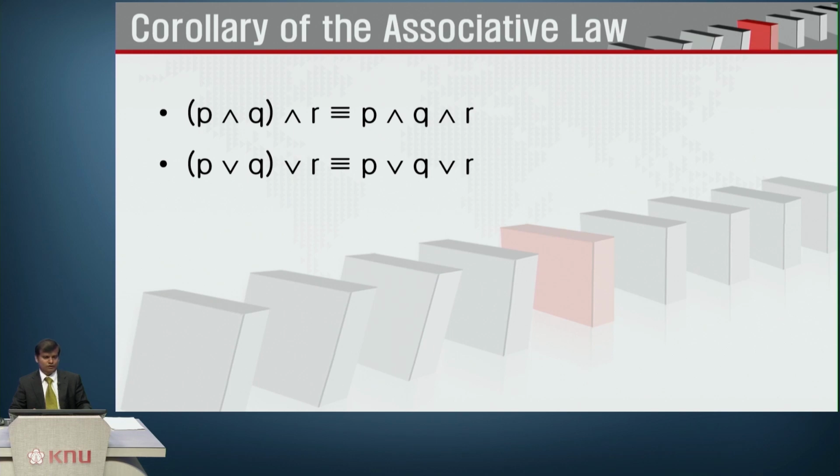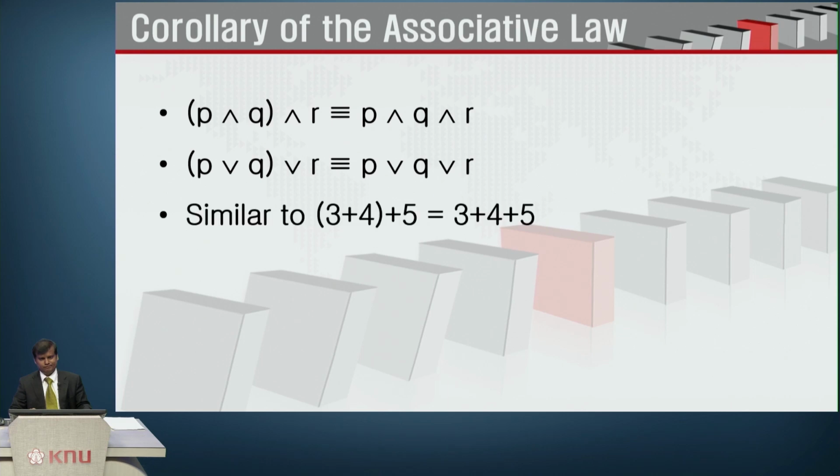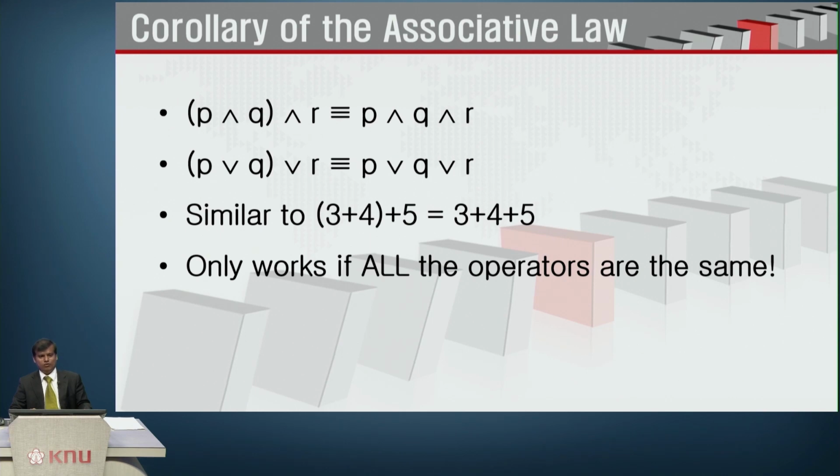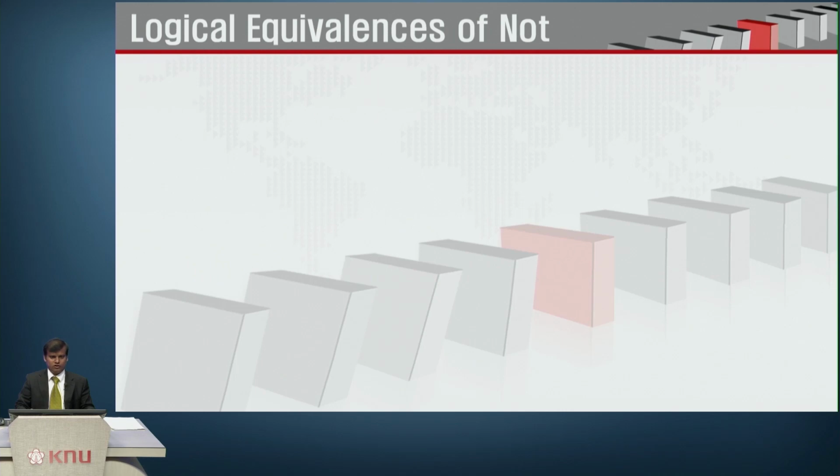P or Q or R is similar to P or Q or R. So that's very similar to like 3 plus 4 plus 5 equal to 3 plus 4 plus 5. Right. So it only works if all operands are the same. So if all operands are the same, then it's fine. So we have to see whether when we have these combinations of different operands, will it work or not.